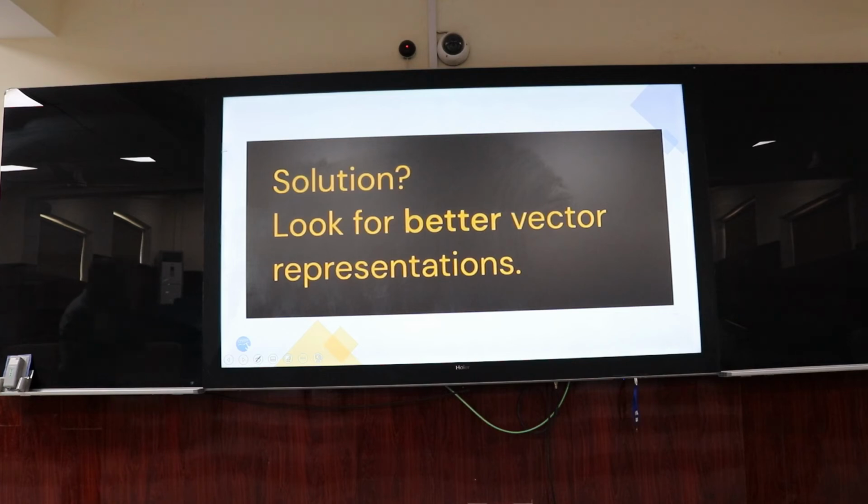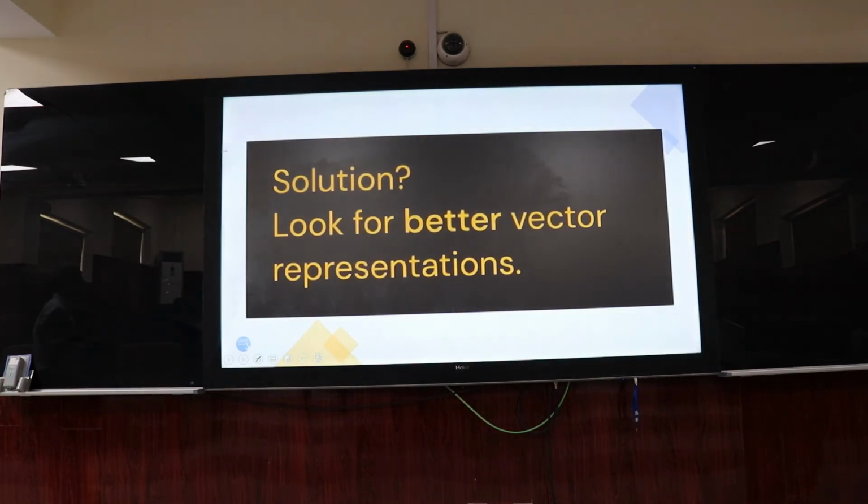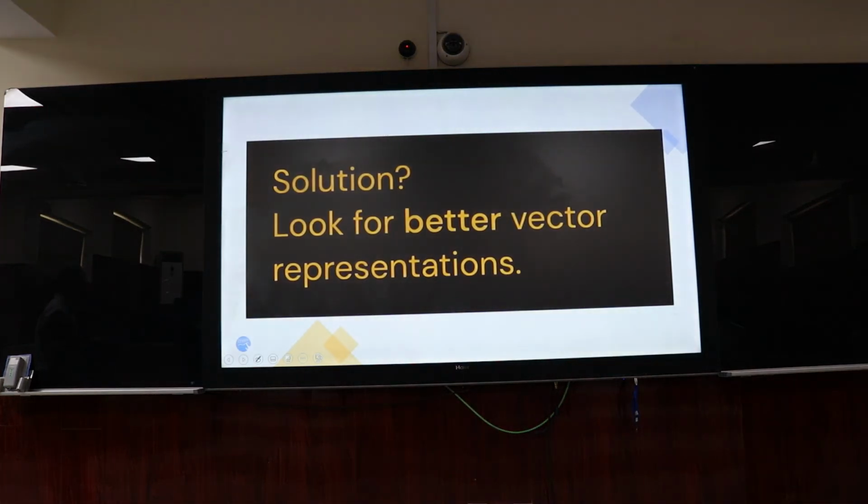But in all these situations, what is the important solution? Better vector representation. If a vector has the maximum number of attributes, too many features, each feature will be compared, and the dot product will tell us whether the answer is in the right direction or in the wrong direction.